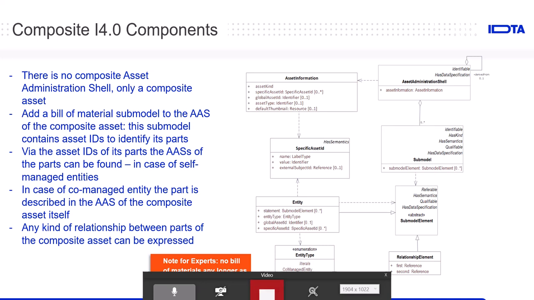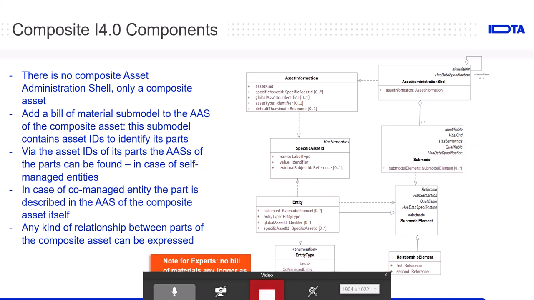But if there is a bill of material, and we do support all kinds of bills of material because we have a relationship element, this relationship element may specify whatever relationship is important for you about the parts of the asset you want to describe. So also different elements of your asset you can describe with different submodels, with different relationships, with different semantics of these relationships. And this is the way we are doing this. So it is supported, but it is not part of the meta model, and this is not needed.